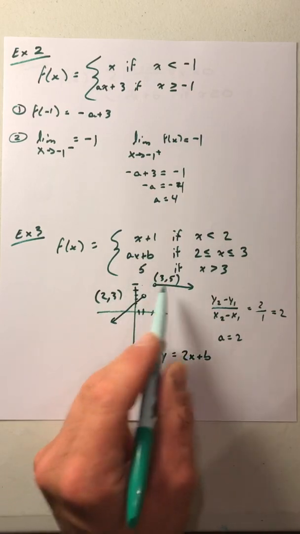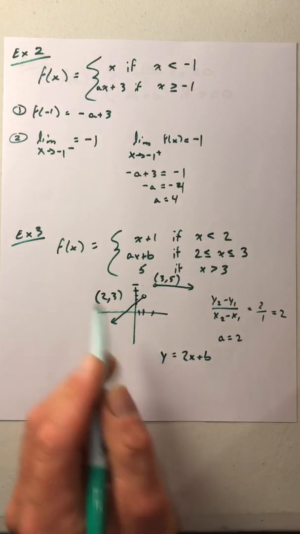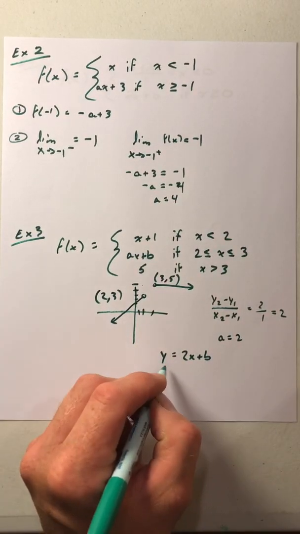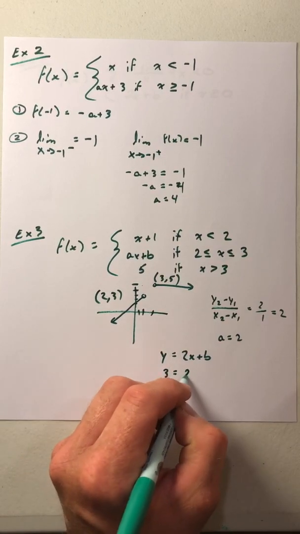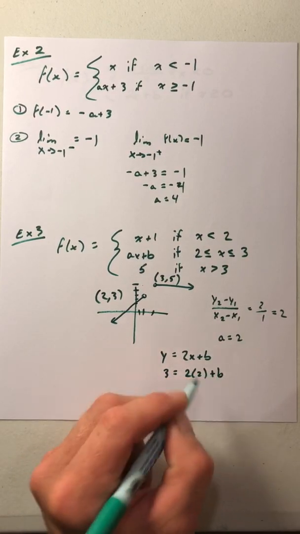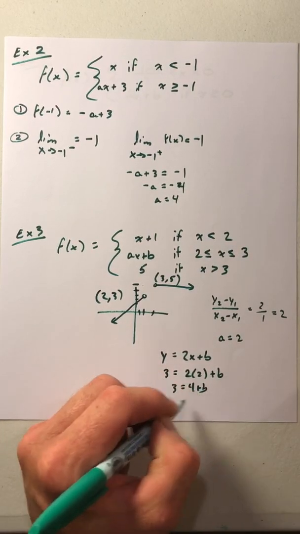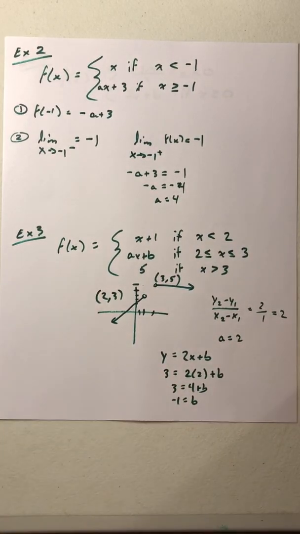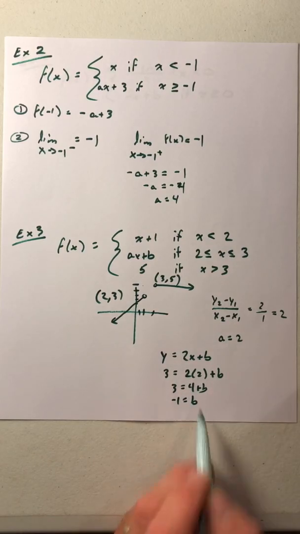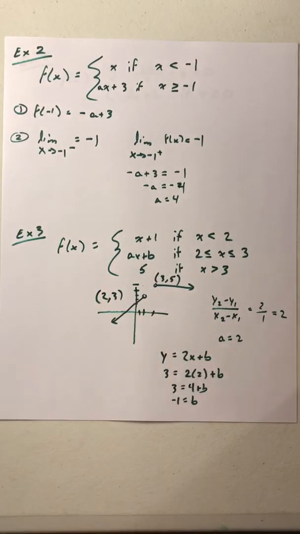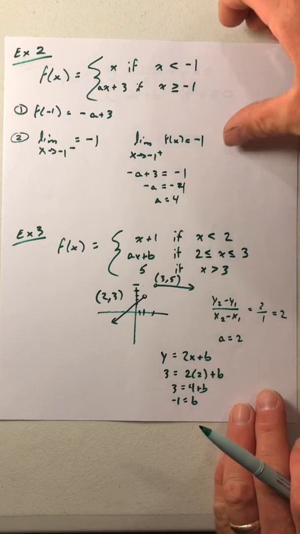I can use either of my points to find my b value. So if I use 2, 3, I'd have 3 equals 2 times 2, my x value, plus b. So 3 equals 4 plus b, -1 is going to equal b. So now I've got my a and my b value in order for this function to be continuous.